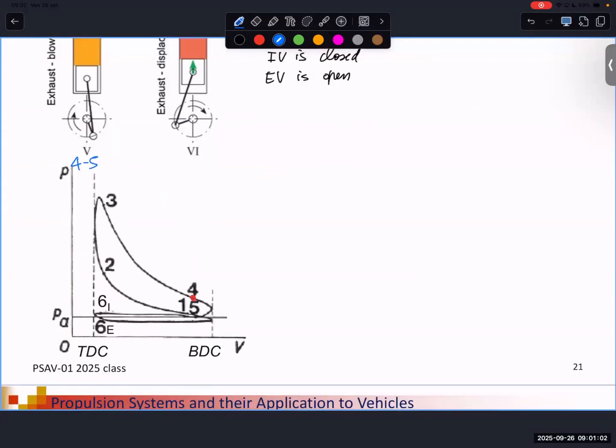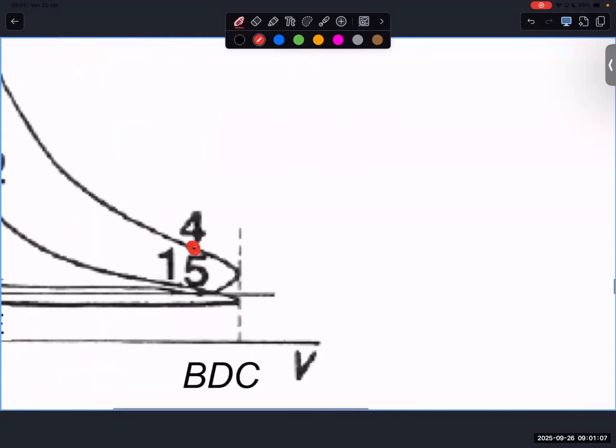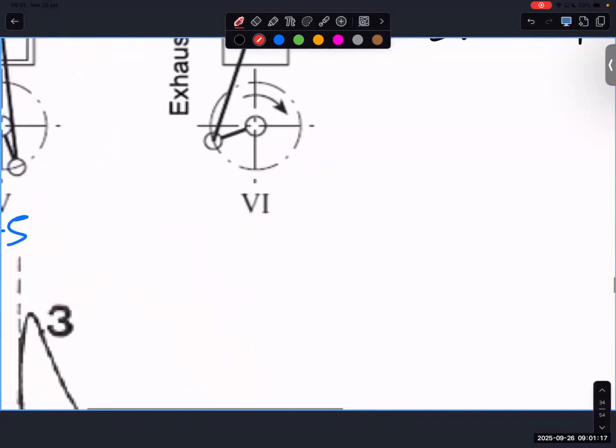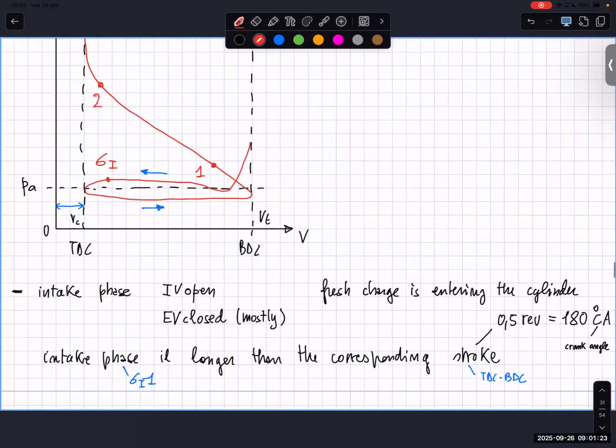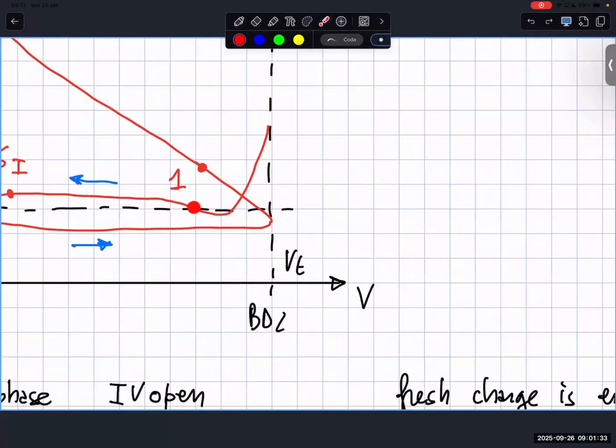The pressure is, as I was saying, high. Point 4 can be here, and let me say 5 here. More or less here or here, depends, anyway, on this line. What is occurring here?